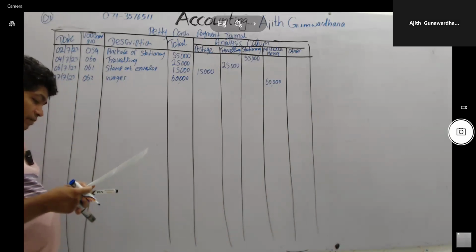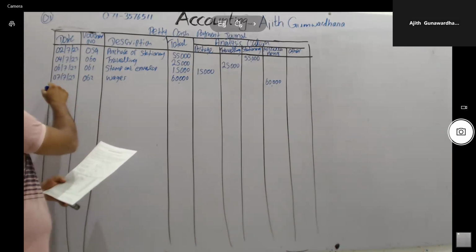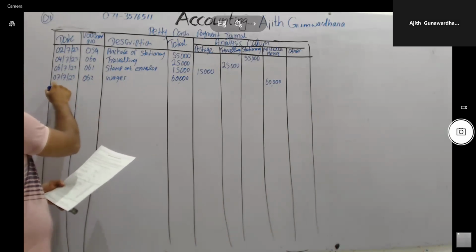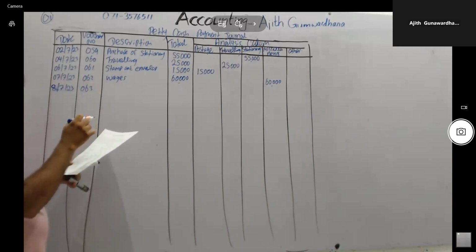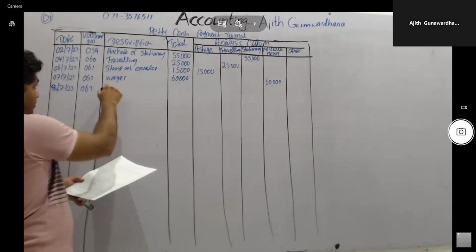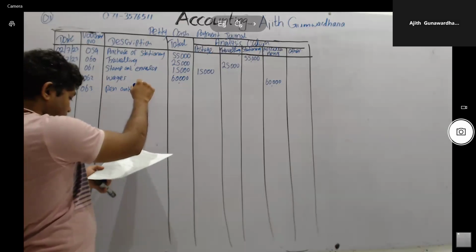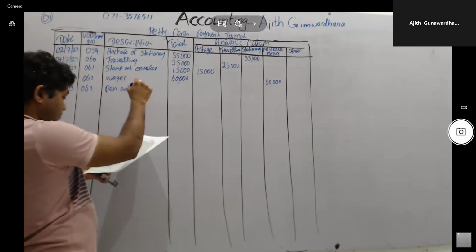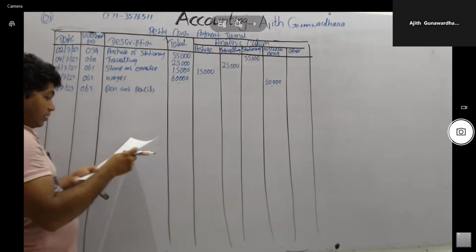Next one given pen and pencil. Think pen and pencil, 8th of July 2023. Voucher number also given 063. Pen and pencil, value equal 18,000.